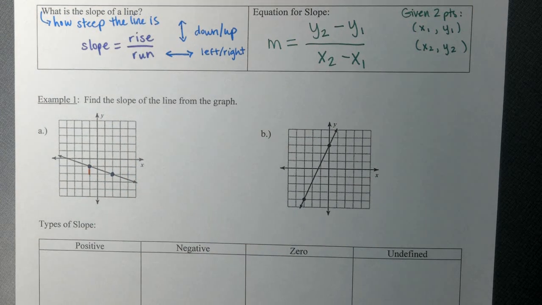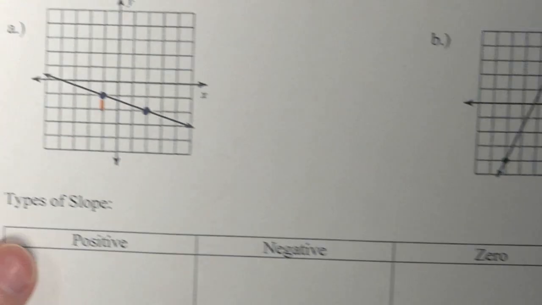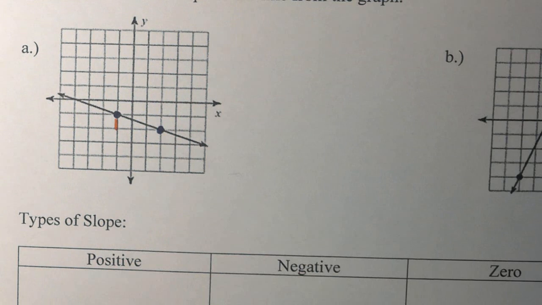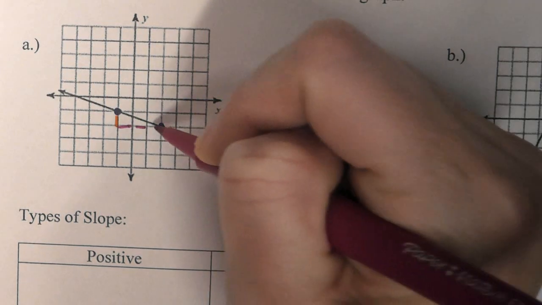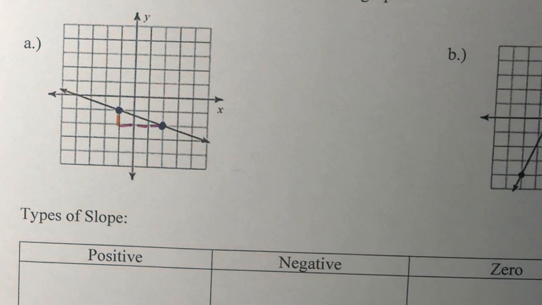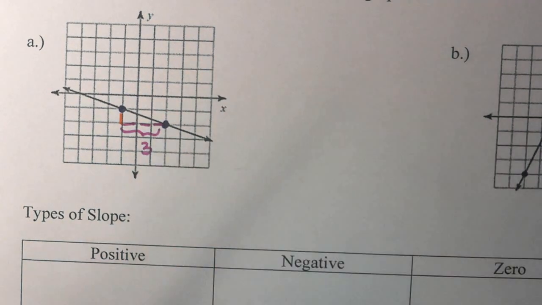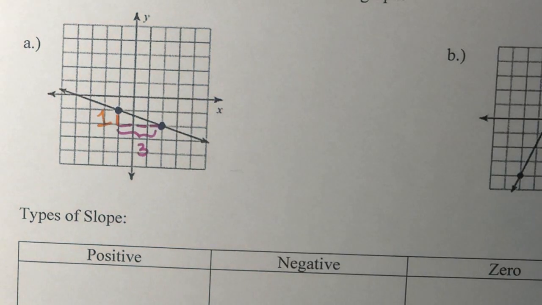I'm going to use my little units here. So I have 1 unit down, and then let's count how many units over to this other point? 3. Okay, so this is 3. This is 1.